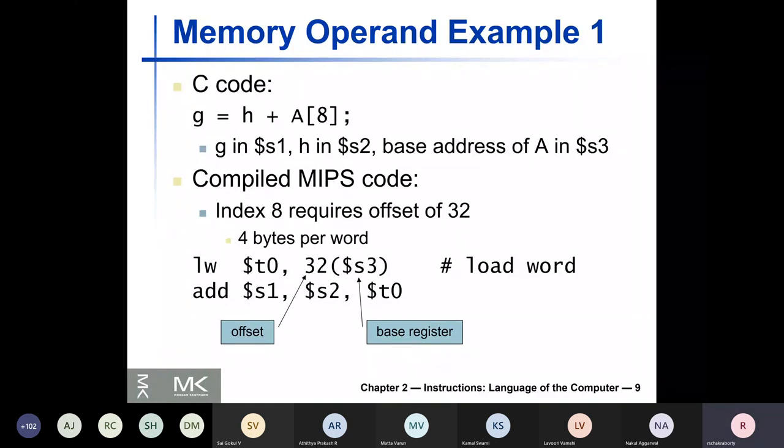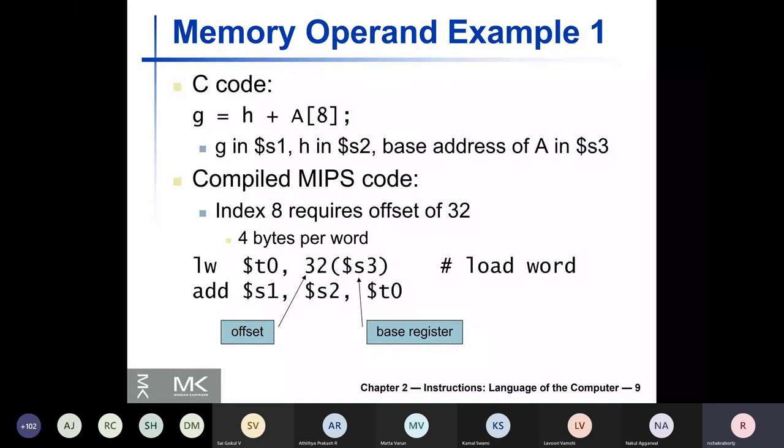What does this mean? This is a base register. This is called relative addressing. We will study this in detail later on also. Relative addressing, or base register relative addressing, whatever you say. What the address computation hardware does internally is it looks at the content of the base register S3.